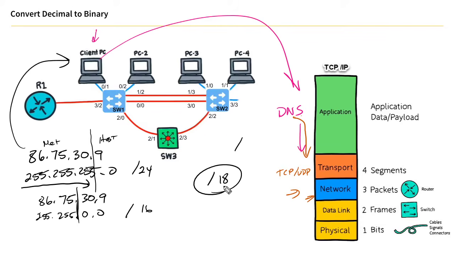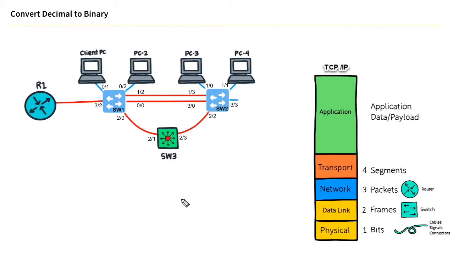And so let me share with you here. If somebody said, yeah, the mask is 18, the IP address is 86.75.30.9, and the mask is 18, if we had to plug in that IP address to a computer, what would that look like as a mask?